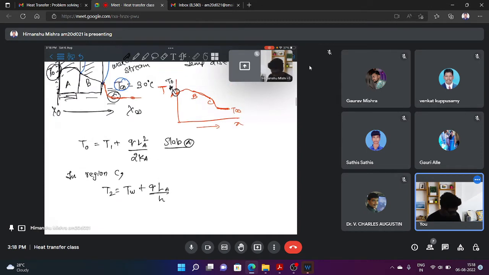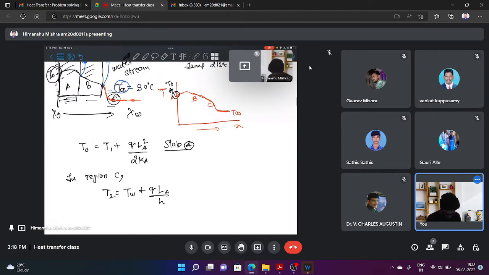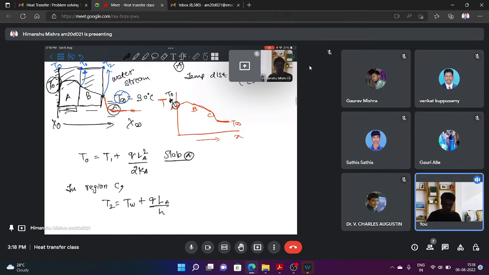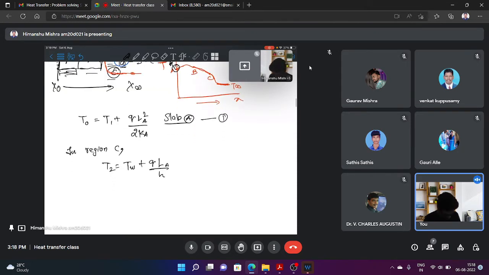Let us first find temperature T2 and then temperature T1, and then we can use equation 1 to find the temperature T0. For this we are already given the temperature T infinity, so this is my T infinity.